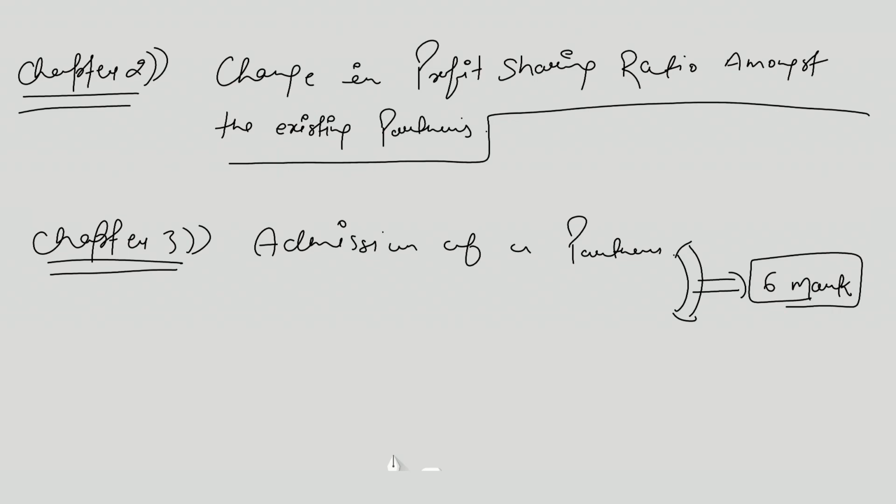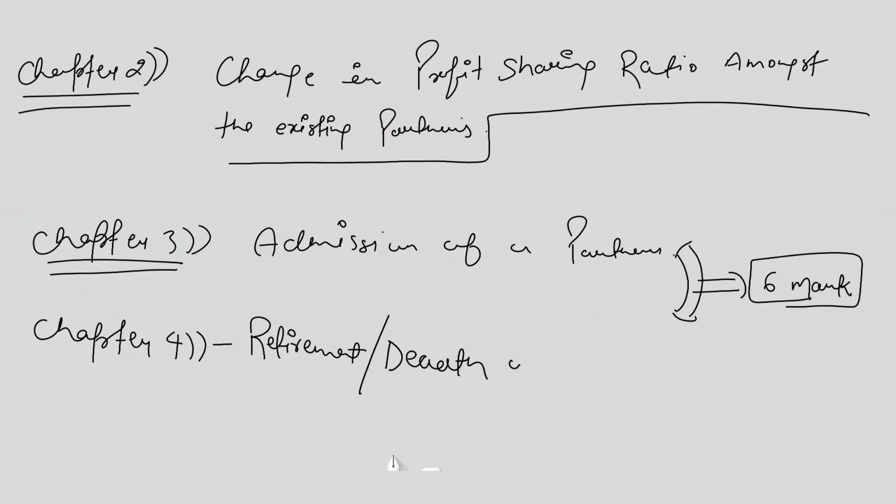The next chapter of this unit is retirement or the death of a partner. Chapter number 4 is retirement or the death of a partner.